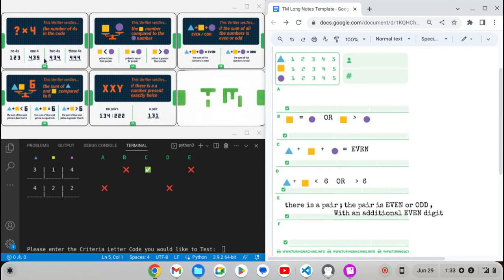We know it's not a single 4. So either there are 2 4s or no 4s. So let me phrase it that way. There are either no 4s or 2 4s. So that could be our pair of 4s and a 2, but it's not a 6.